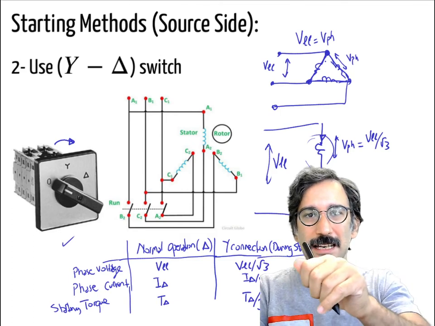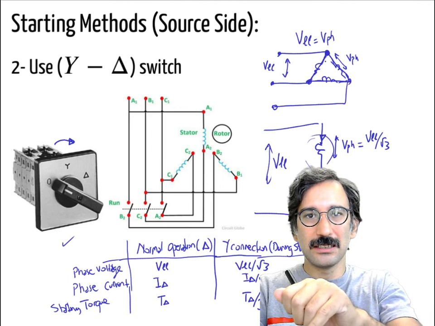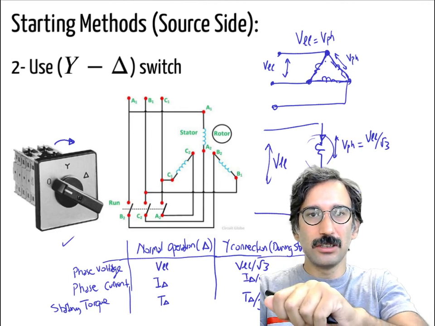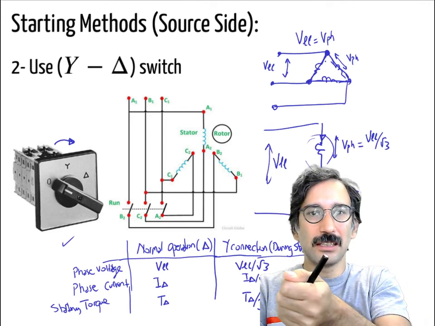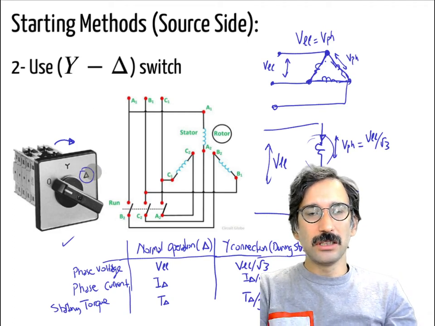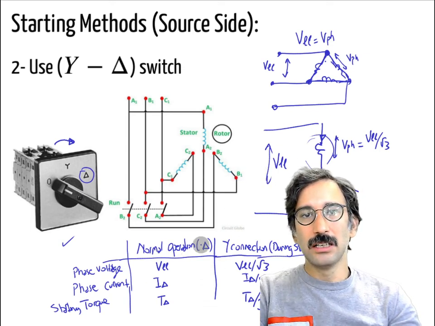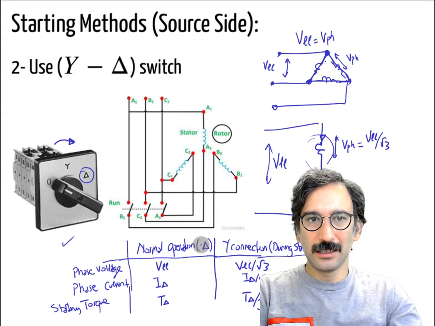As it accelerates, you will hear the sound once it is at a steady state operating condition, and then you can connect it to delta for its final operating point. After that, it runs normally with normal parameters, but you have limited the starting current.